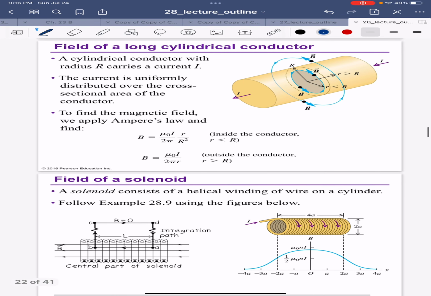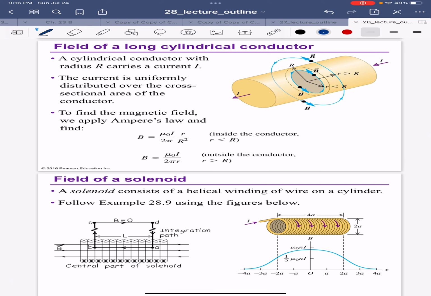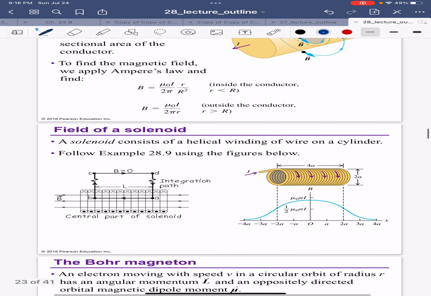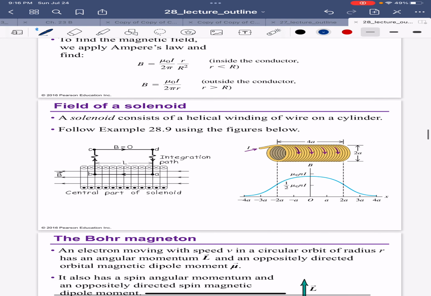Now for a solenoid, we will have a kind of helix winding of wires on a cylinder, and we can also calculate the magnetic field of a solenoid.